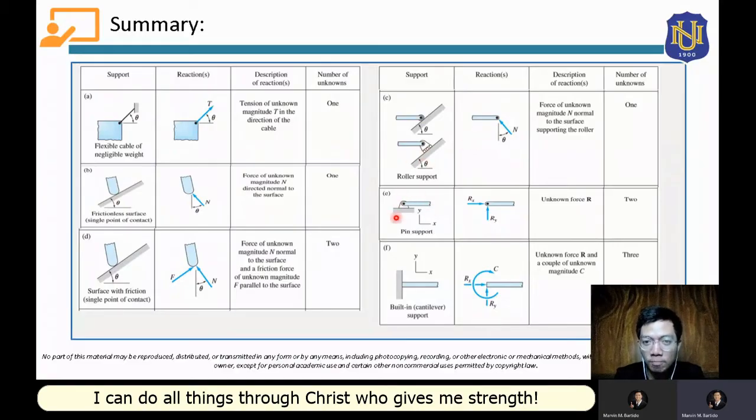Now for pin support, there are two reaction forces that it provides, one horizontal reaction and one vertical reaction. And for the last support, fixed support, there will be three reactions here: one horizontal reaction, one vertical reaction, and one moment reaction. So these are the number of unknown reactions that these supports provide.